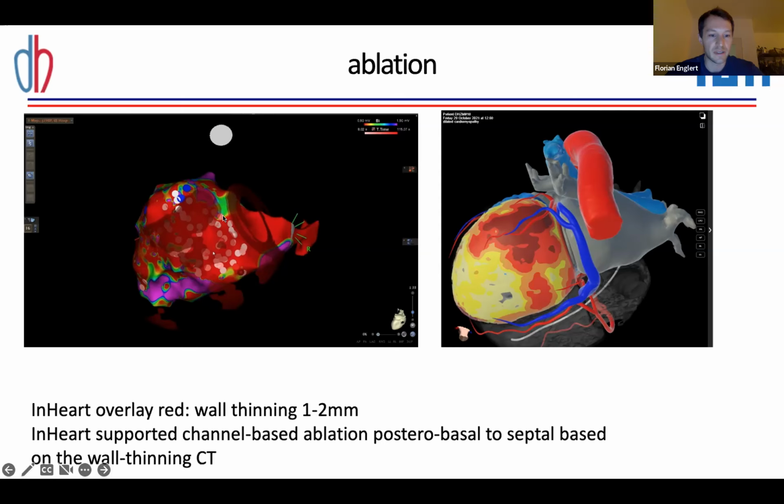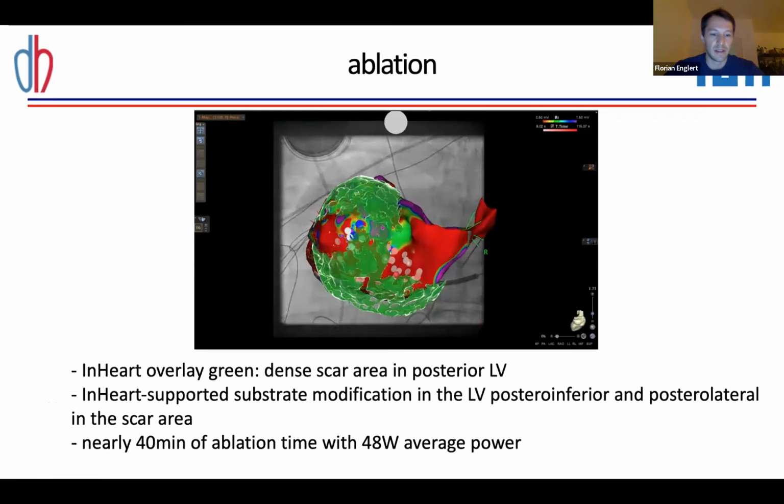We focused on that, and also the scar area, which is a bit darker green in this area. We also did a bit of substrate modification on interesting signals, as I showed before, that were right here. All in all, we had around 40 minutes of ablation with 48 watts average power, and most of the energy was delivered to the isthmi we saw on the inHEART CT.